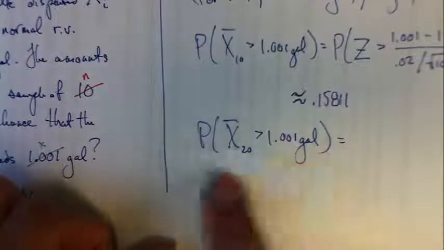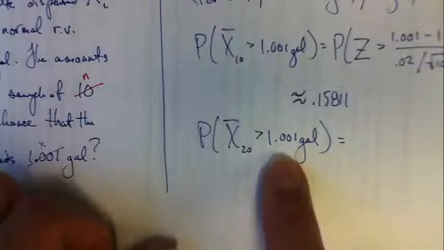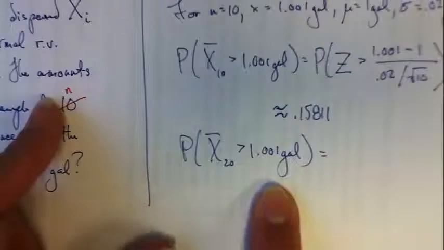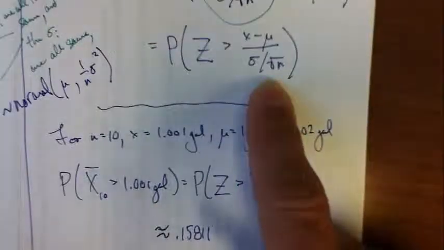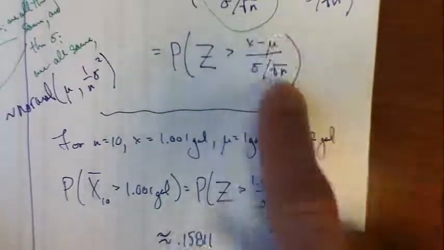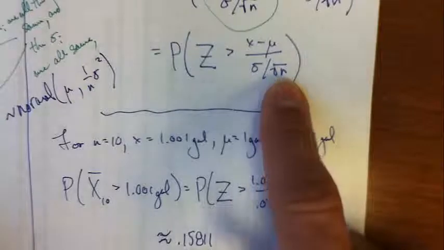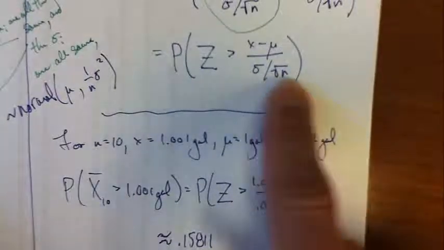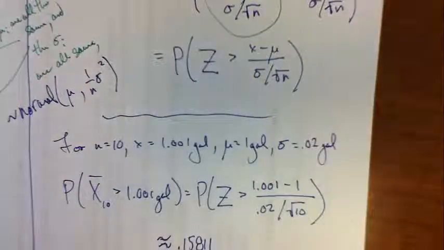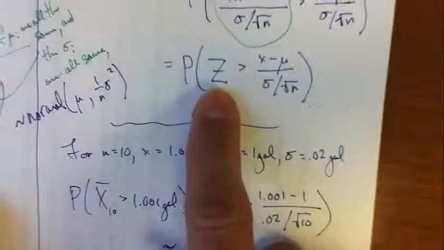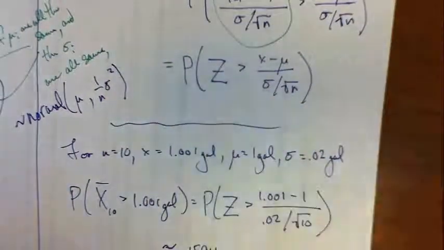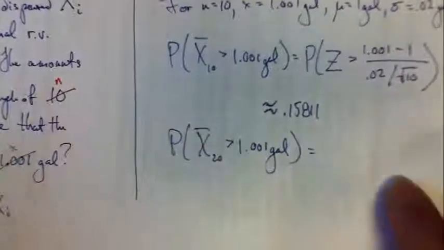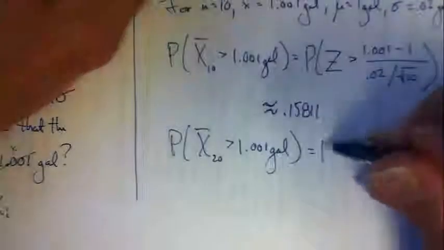So it should be even less likely to fall at least that far away. And in fact, you can also see this if you look at the formula. What happens to this quantity as n gets bigger? You're dividing by something that's bigger in the denominator, which is like multiplying the whole thing by something bigger. And as you move farther and farther off to the right, the chance that your standard normal exceeds that mark is going to be less. So this probability definitely ought to diminish.